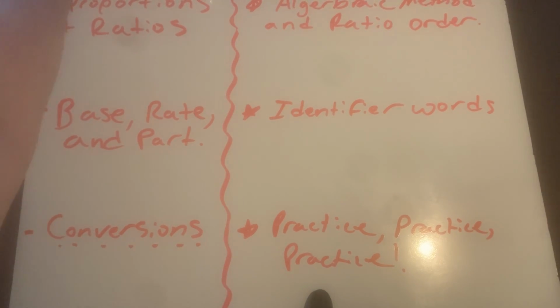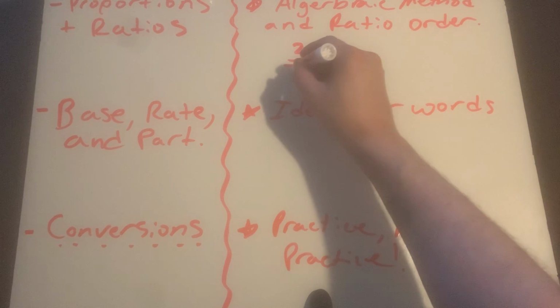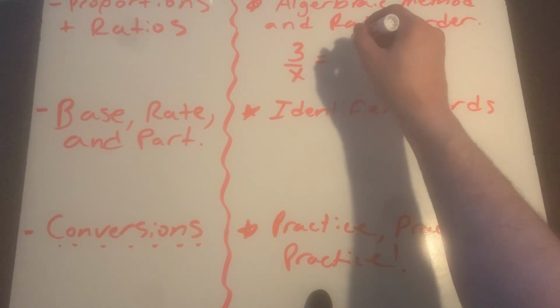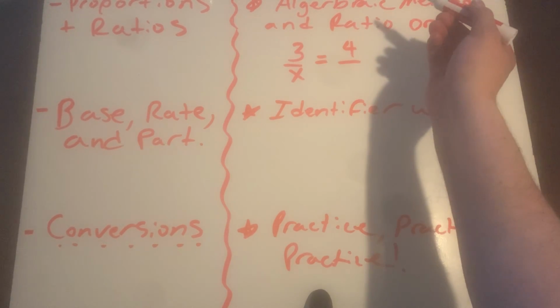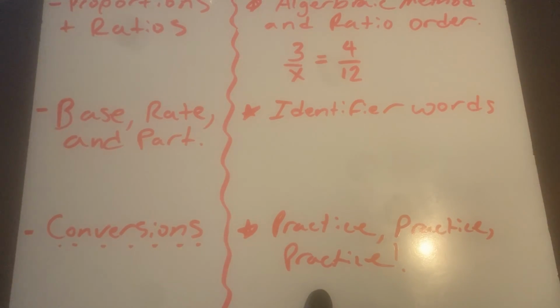Let me give you an example. Let's say we have 3 over x equals 4 over 12, and we're trying to find the value of x.